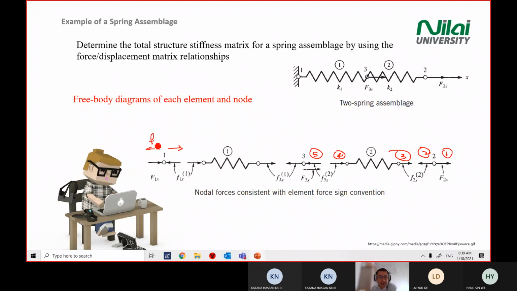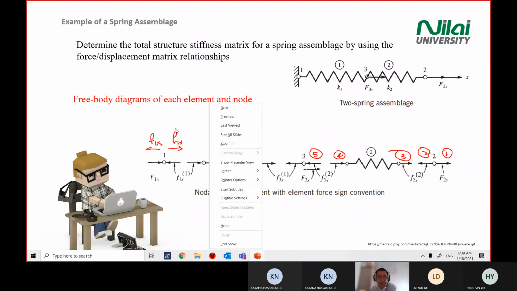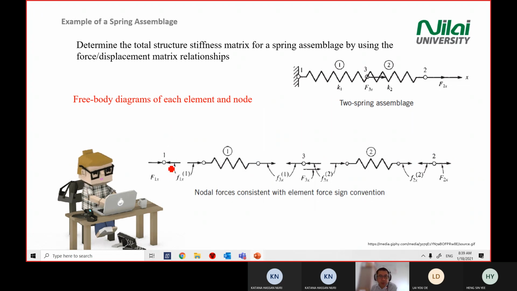However, later on, if you draw the opposite direction, you will get a negative answer for the diagram that you draw. I already explained why there's a negative sign there in the previous lecture. So the textbook assumes that the force at point 1 is a compression force. So point 1 goes in like that.